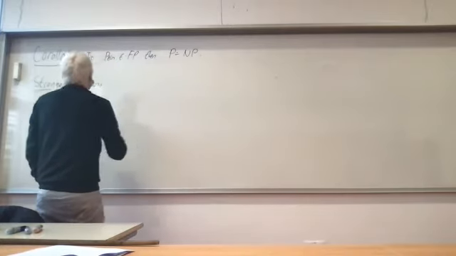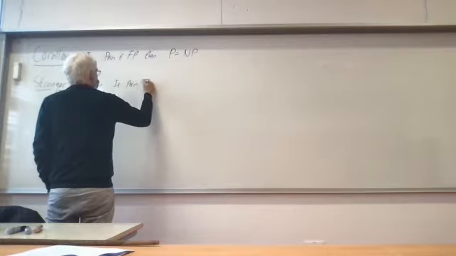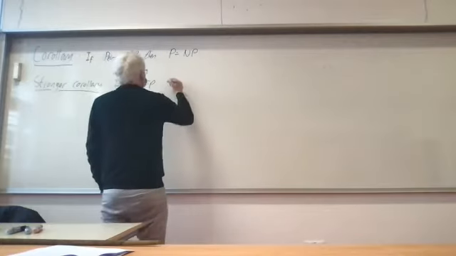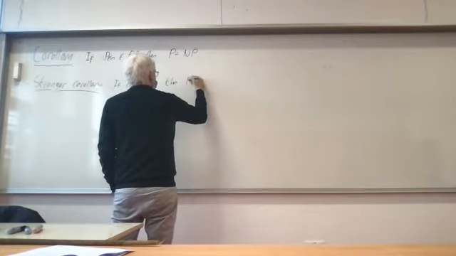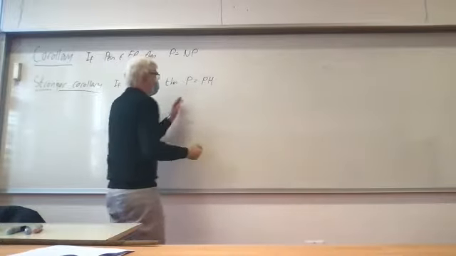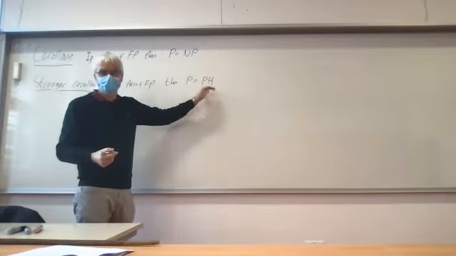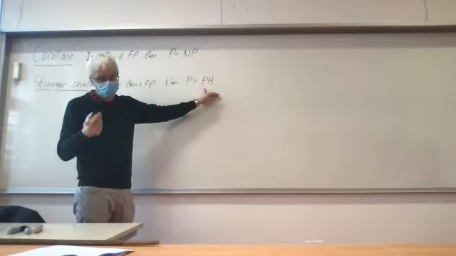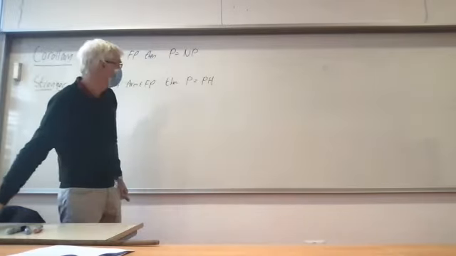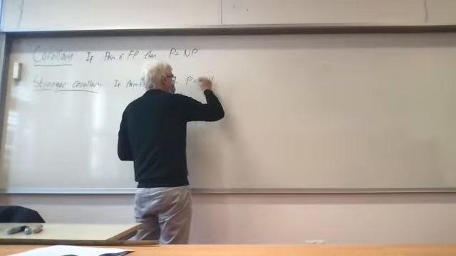But in fact, if the permanent is efficiently computable in polynomial time, then P is not equal to just NP, but in fact P equals the full polynomial hierarchy that you've looked at in exercise classes, and a little bit of an analogous hierarchy in the homework. So this is the polynomial hierarchy. The whole of the polynomial hierarchy collapses to P.